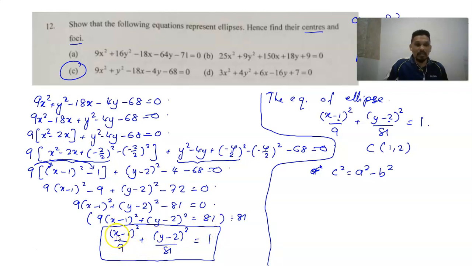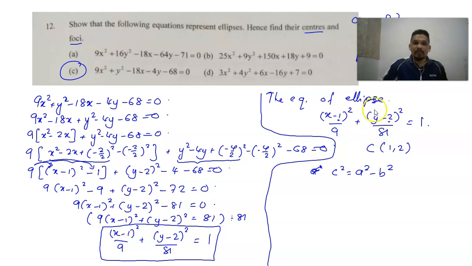So at this moment, look at this equation: A is 81, B is 9. A is greater than B, and A is under Y.